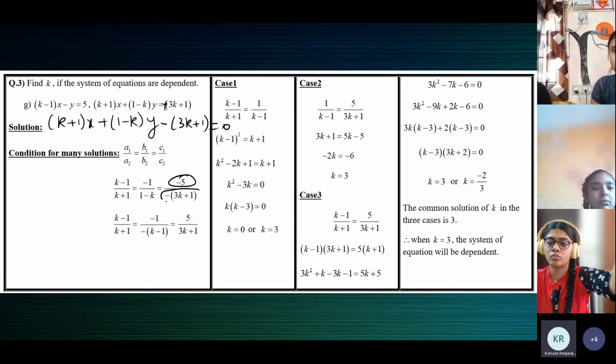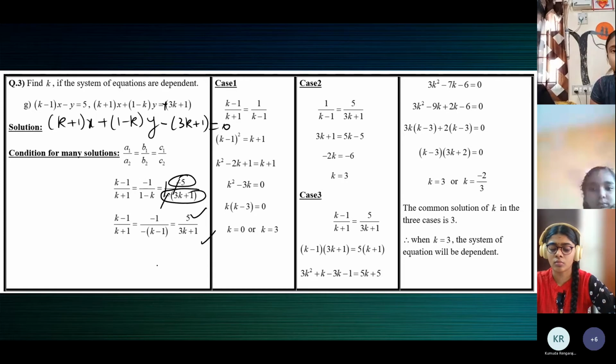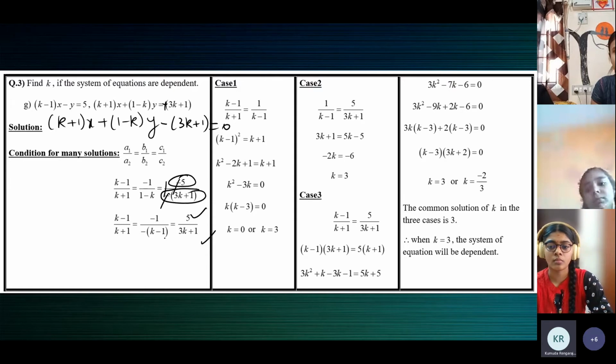C2 is minus of 3k plus 1. And this minus and minus will get cancelled, and you'll get 5 by 3k plus 1. And here, children, I have written 1 minus k as minus of k minus 1.